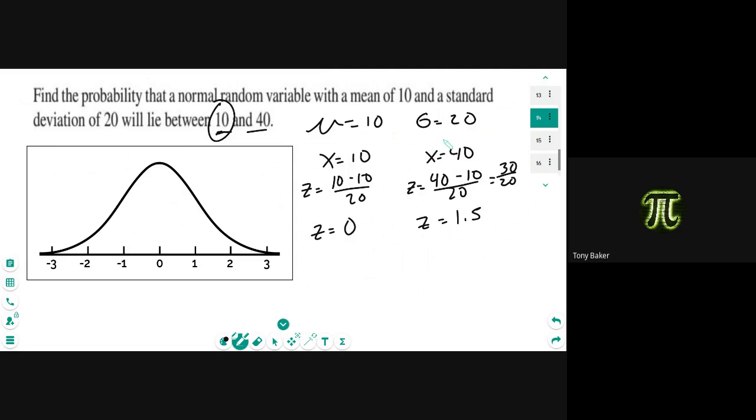Now the other x was 40. So I do the exact same thing: 40 minus 10 divided by 20.